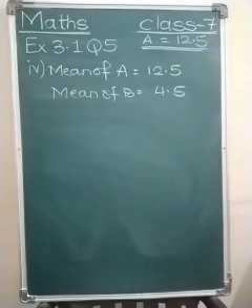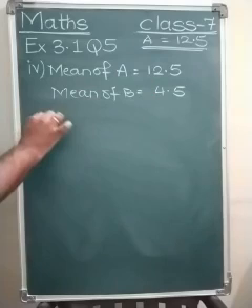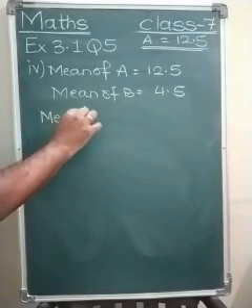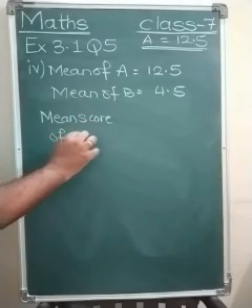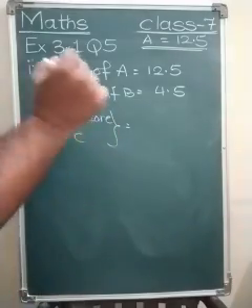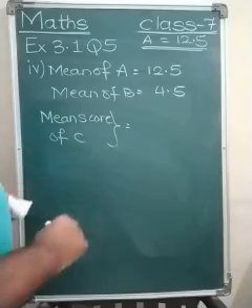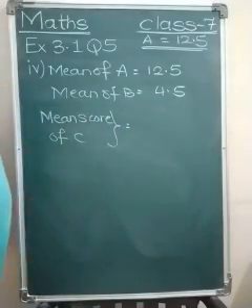Mean of A equals to 12.5. Mean of B equals to 4.5. Now we have to find out the mean of C to compare. Mean score of C equals to, now we have already stated that to find out the mean score for C, we would divide the total by 3.